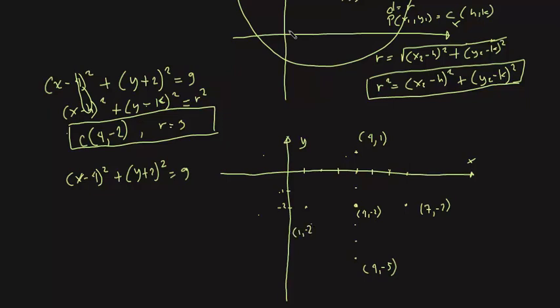Okay, good. So from this point to this point is about a quarter of a circle. Let me just draw. Quarter of a circle. And from this point is also a quarter of a circle.